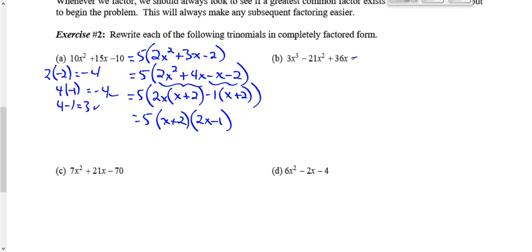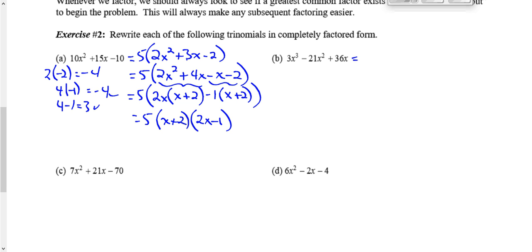What's the first thing you should look for? Okay. Just a quick thought. I'm looking for a GCF to factor out. In this case here, what do you think I'm hoping the GCF would be? Yeah, right? Because then you have a 1.